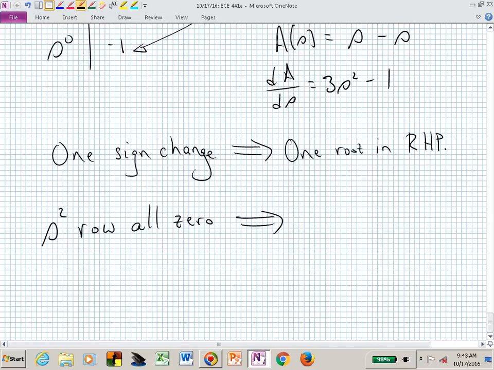So the S2 row being all 0 allows us to conclude that we have 3 roots that are symmetric with respect to the origin.